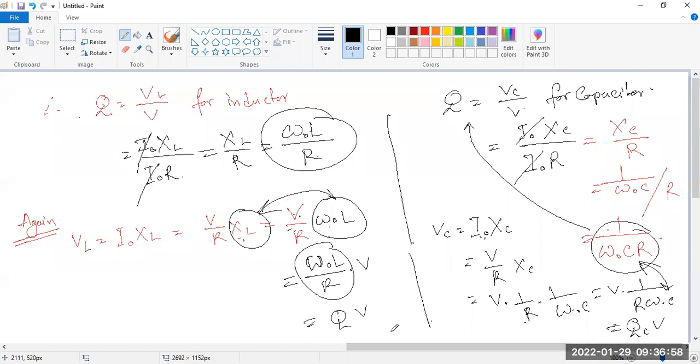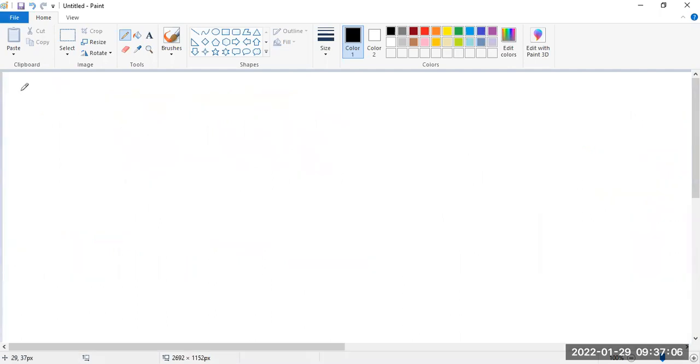Another way we can represent it: we know Q equal to omega naught L by R, as before. So we can write this omega naught is root under LC, and this is L by R. If we take this, what happens?